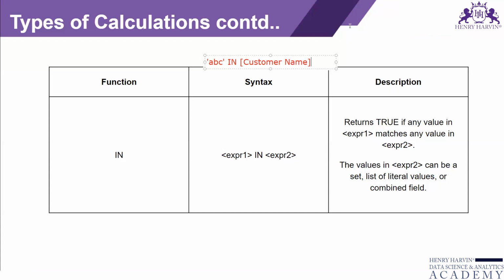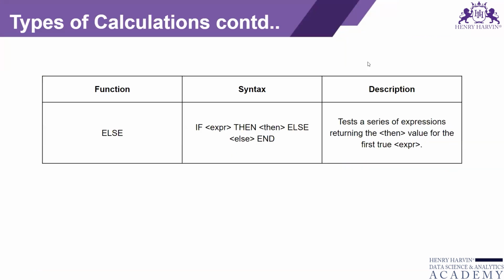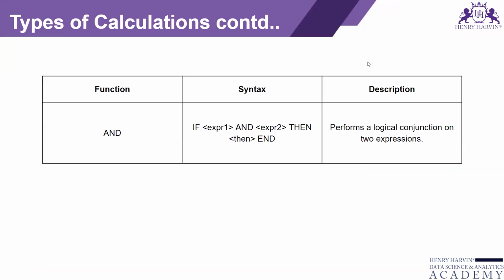Now, similar to IN, we have something called the AND operation. IF expr1 AND expr2 THEN, and then END. You have to understand this basic logic of computer science, which says that if you have two expressions, expression one and expression two, then you can apply different logical operations on these.